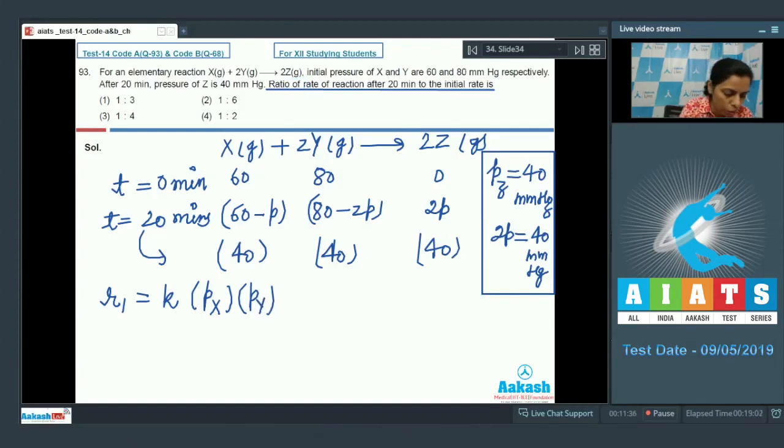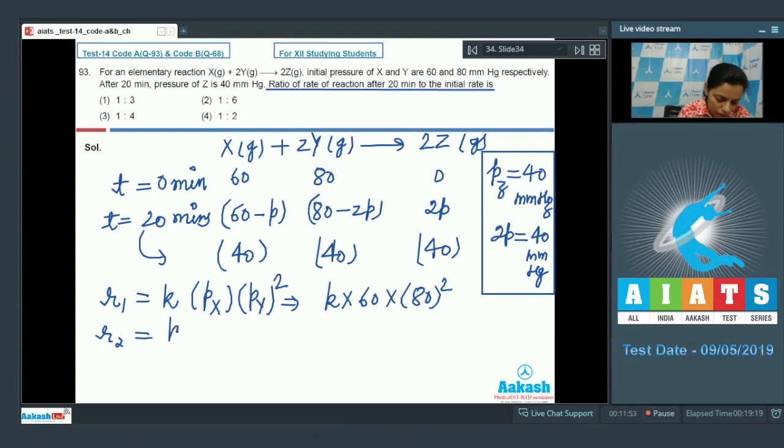So in this case, Py raised to the power 2 I should write in this way. So in the initial form it can be written as K, and what is Px initially? That was 60, and what is Py initially? It is 80 square.